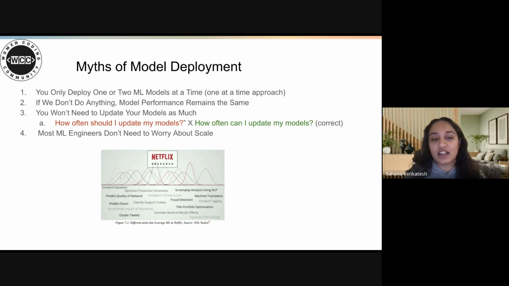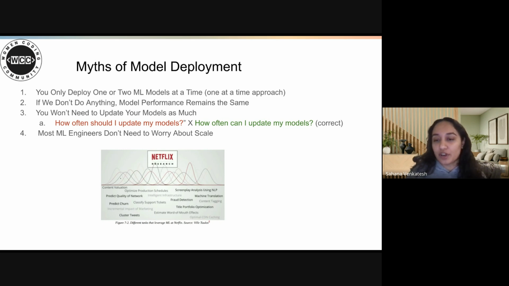And finally, the last point, that most ML engineers don't need to worry about scale. The way the author debunks this is quite interesting. While it's true there's only one Uber, one Facebook, one Google, the Stack Overflow developer survey of 2019 apparently says that more than 50% of software developers work for companies that have at least 100 employees.